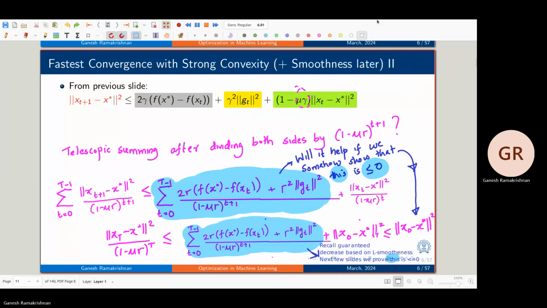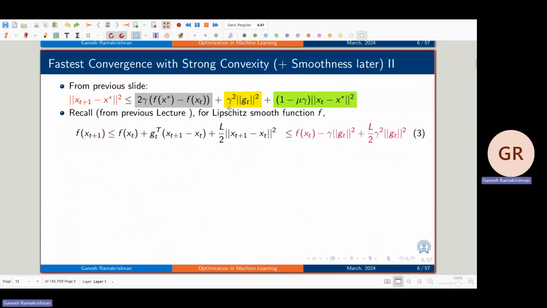Let's proceed. Okay. So I've just written this telescopic summing. Sorry, before telescopic summing, I've actually written the Lipschitz smoothness as well. What you are anticipating that you'll do using Lipschitz smoothness, I've written down right away.